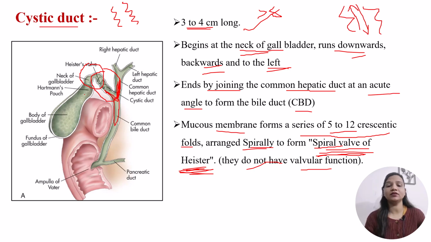The mucous membrane of the cystic duct consists of spiral folds, called the spiral valve of Heister, which regulates the inflow and outflow of bile. There are also complications, because there is difficulty in cannulation during imaging techniques, and difficulty in identification during surgery. Okay, moving on.